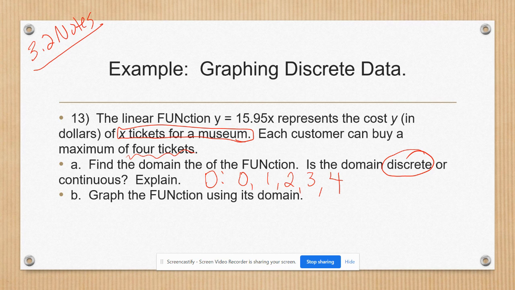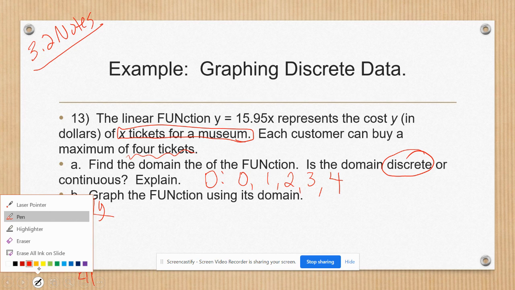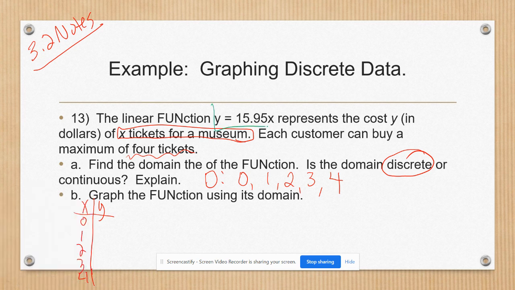Now, if I wanted to graph this, I could make an XY table, and we said our domain is 0, 1, 2, 3, and 4. What we would want to do is plug each one of those into our equation, which is 15.95x, because it costs $15.95 for each ticket that you buy.